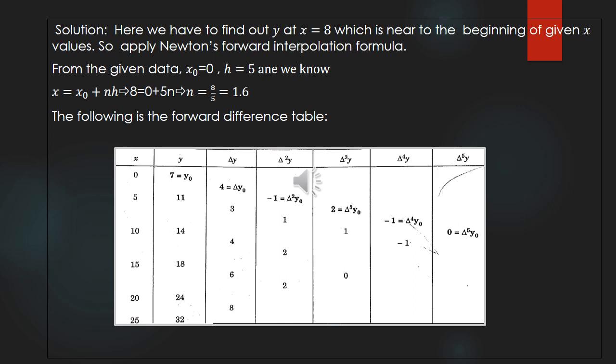In that table, we mark the required values, that is y naught, del y naught, del square y naught, del raised to 3 y naught, del raised to 4 y naught, and del raised to 5 y naught. These values are needed in the formula, so we mark them bold.